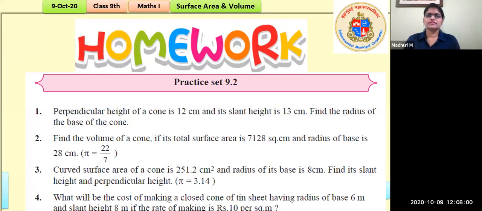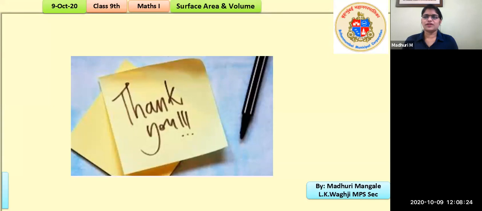So today in this class, we saw how to find the curved surface area, the total surface area, how to find slant height, and of course, volume. Practice set 9.2 can be easily done using those formulas on the surface area and volume of cone. So that's for homework. I hope you enjoyed today's class and you understood everything.